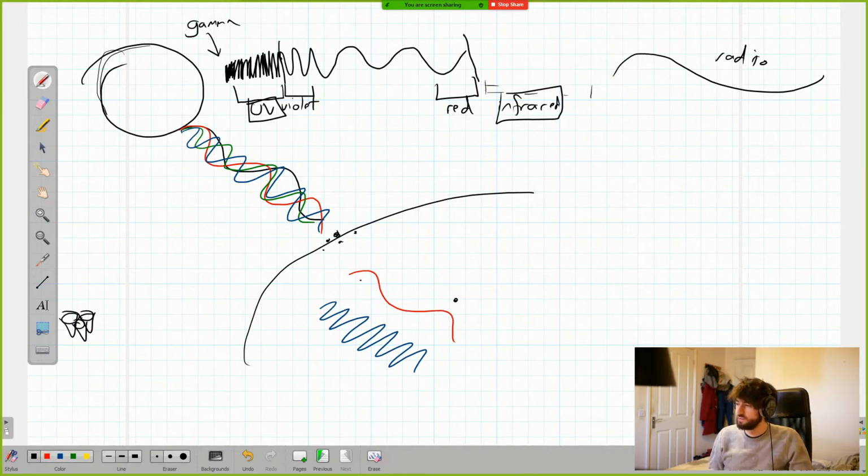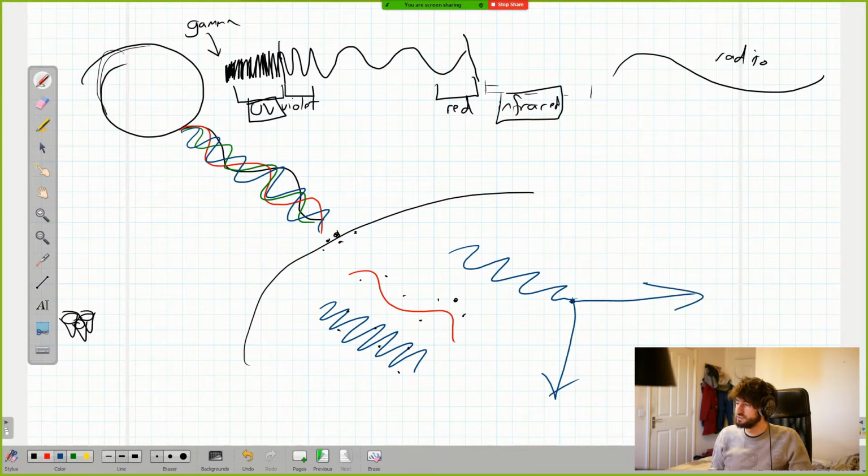Well, if you have a bunch of particles in your atmosphere, then the blue one is much more likely to hit these particles, right? And when the blue light hits these particles, it flies off in different directions. Meanwhile, on average, the red light just passes through because it doesn't even connect, right?